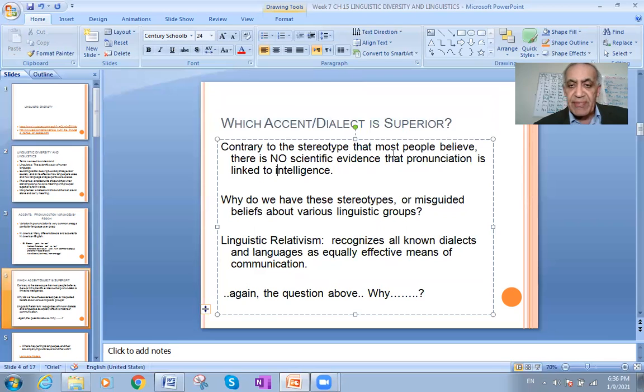Contrary to the stereotype that most people believe, there is no scientific evidence that pronunciation is linked to intelligence. Why do we have these stereotypes or misguided beliefs about various linguistic groups? Linguistic relativism recognizes all known dialects and languages as equally effective means of communication.